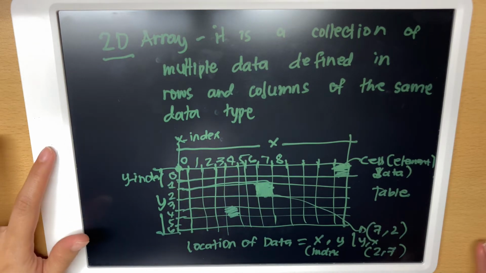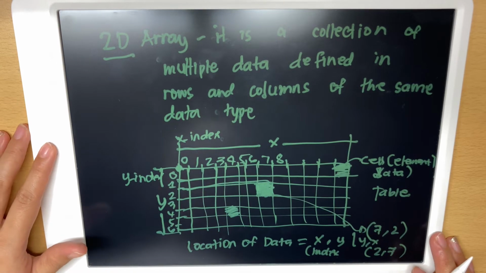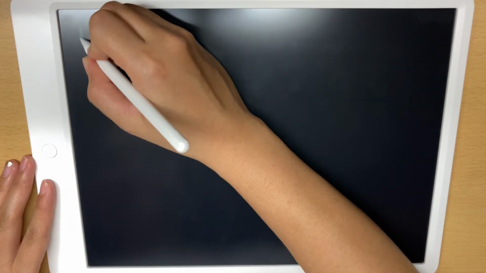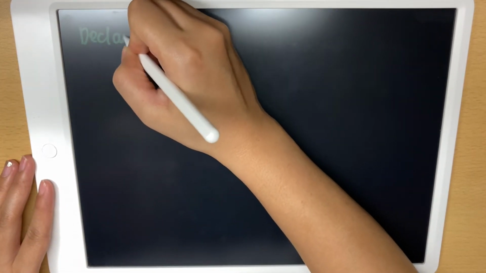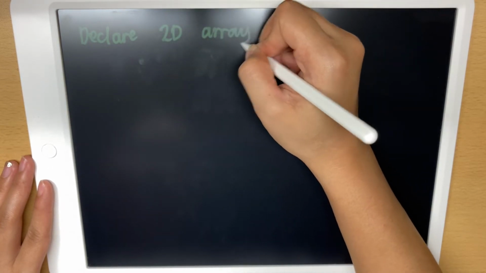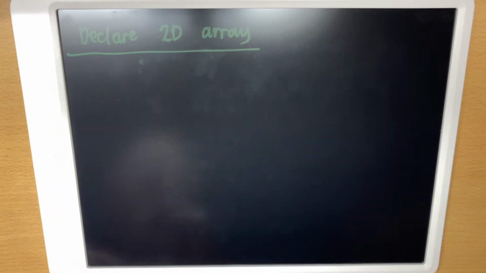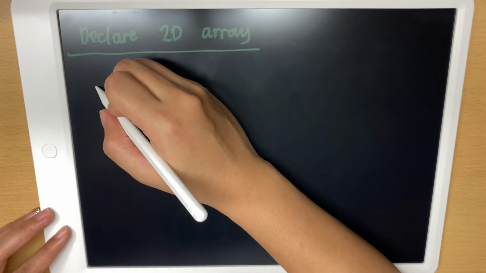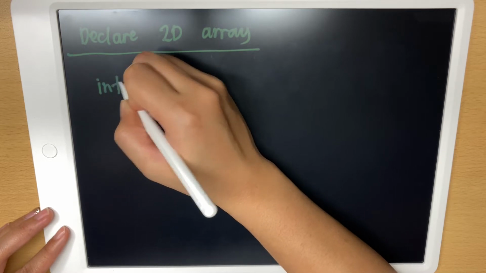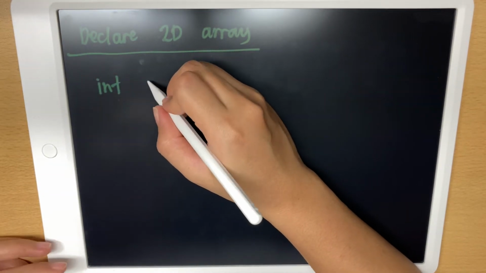Right, so how do we define or declare a 2D array in C? Let's say we have integers. We focus on integers. So integer type, and this is a 2D array.